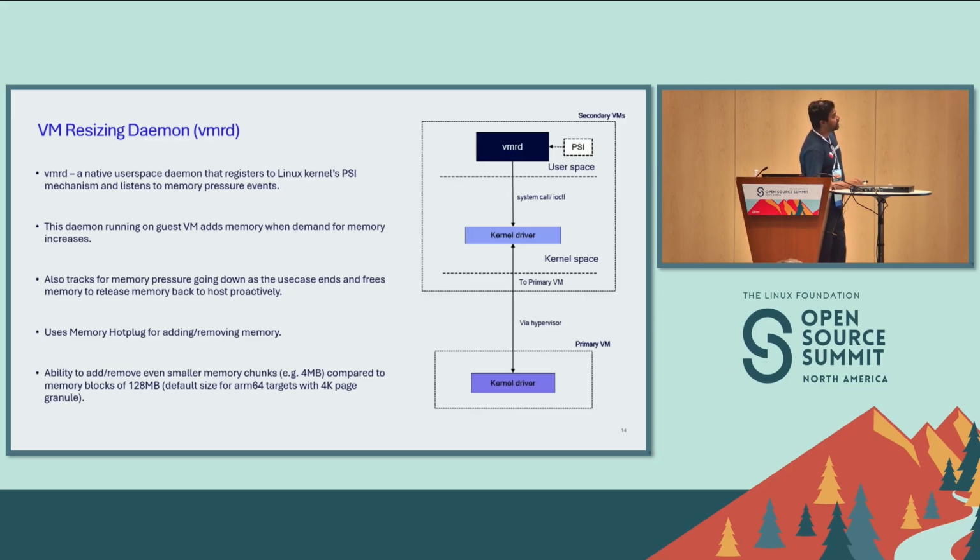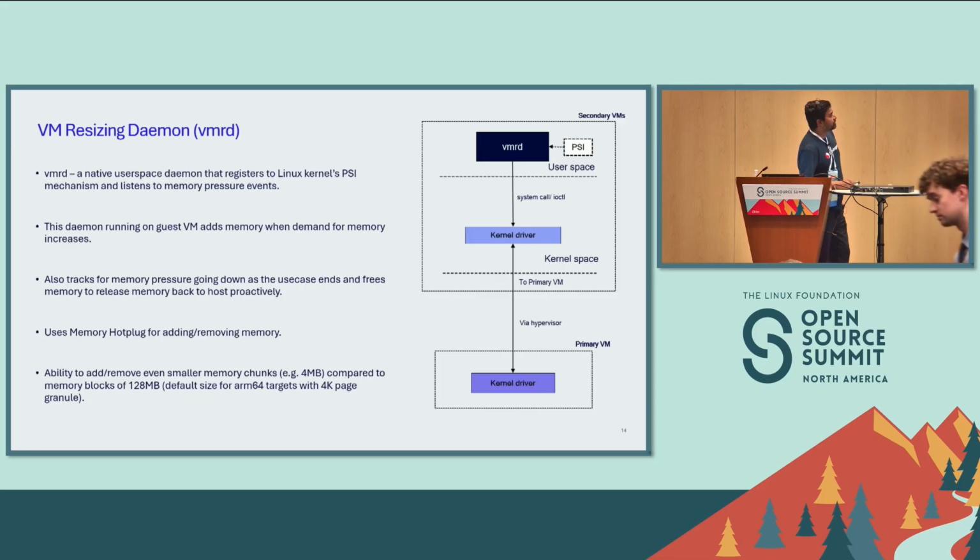So VMRD, running in user space, communicates with a kernel driver within the secondary VM itself. This kernel driver can do the whole remote allocation, where it talks to the primary VM via the hypervisor, and the secondary VM can ask the primary VM that there's a memory-intensive task running and we need more memory.